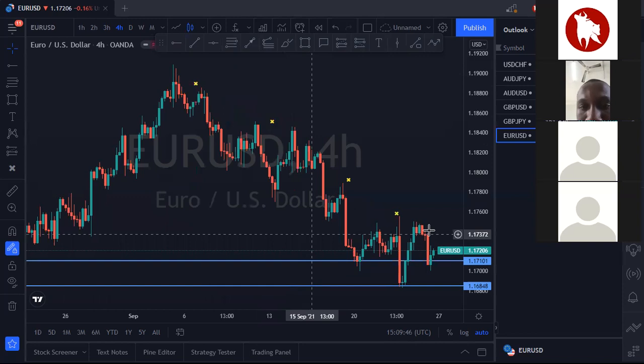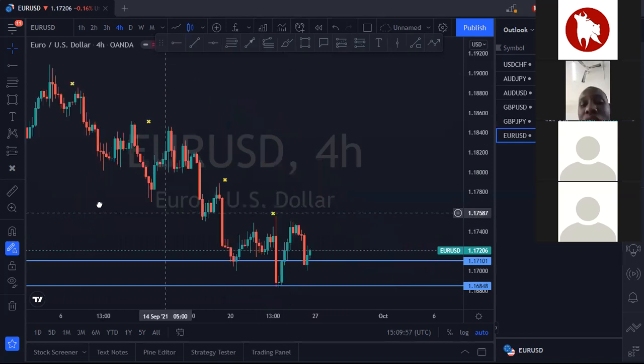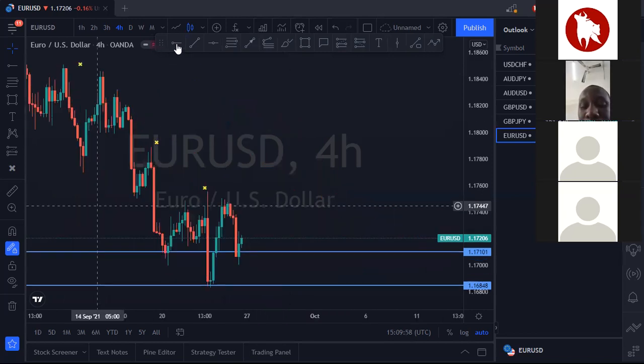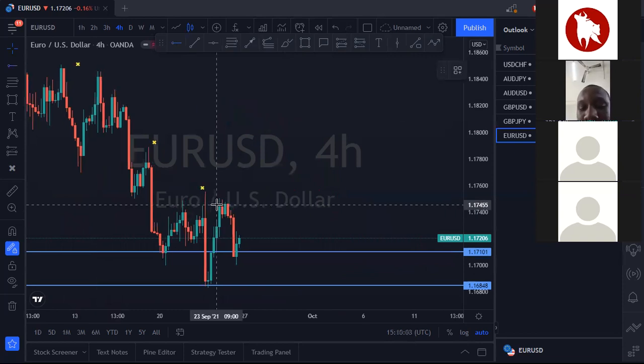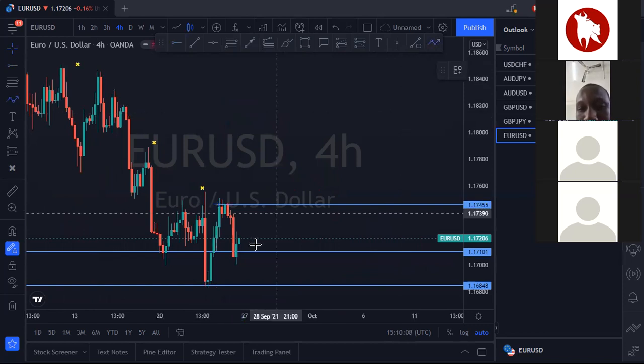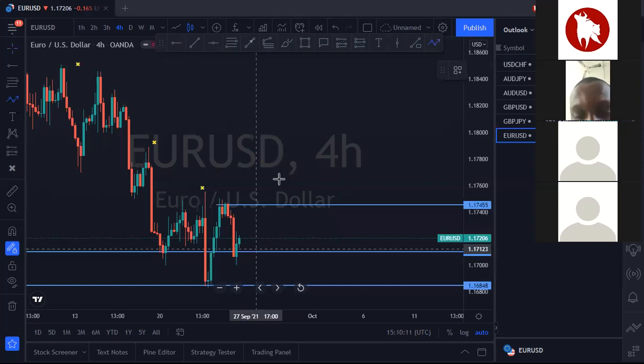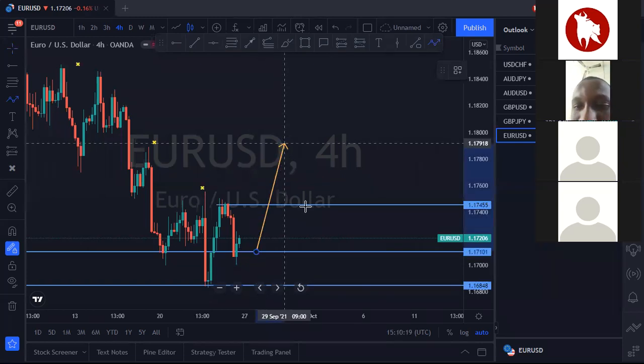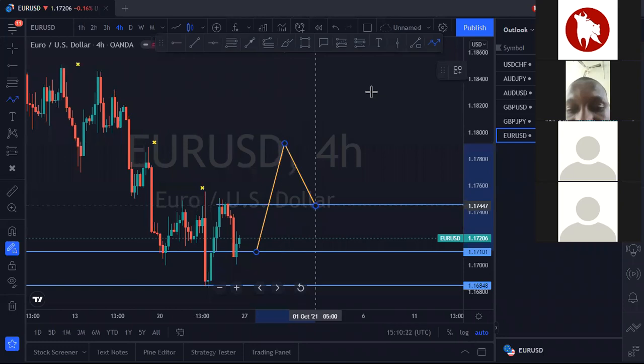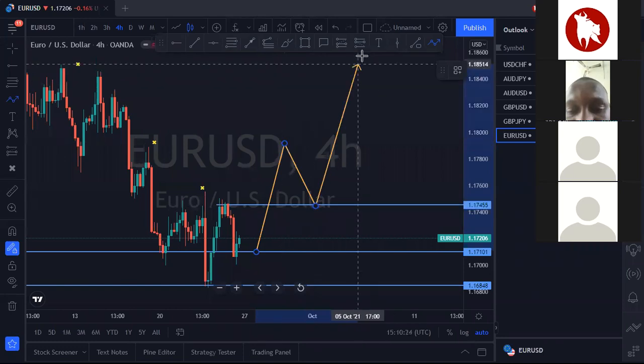Before I place my buy entry here, what I expect to see is that price breaks the structure. If truly we are moving to the upside, I expect that price will break the structure, come back for a retest, and then continue to move up to grab all these liquidities.